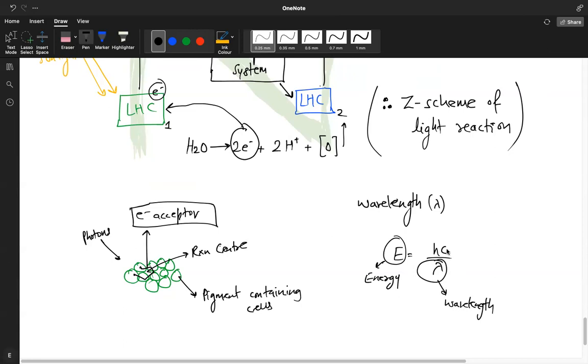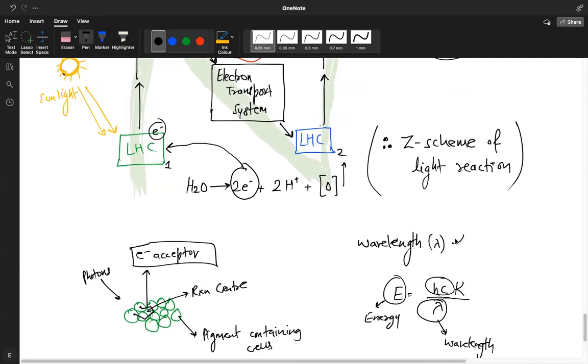Now these two are constant, so whatever is constant will stay constant, and we can just make it one. H is Planck's constant, c is the speed of light, which is another constant. It always stays constant. So we can take it as k, any number k. But what is the relationship between E and lambda here? Lambda is wavelength. So wavelength is inversely proportional to energy.